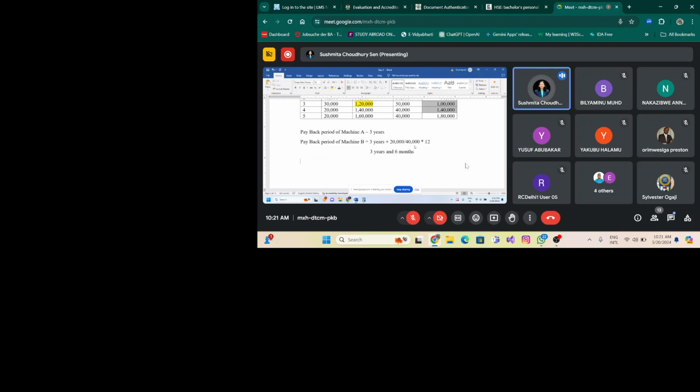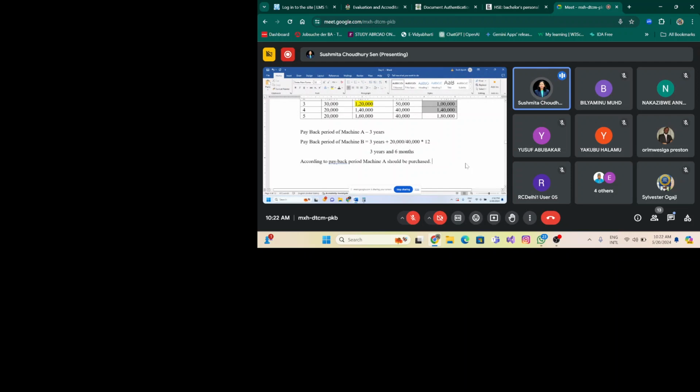So the interpretation is that machine A is giving me back my investment in 3 years and machine B is taking 3 years 6 months. According to the payback period, machine A should be purchased because it has a lesser payback period.